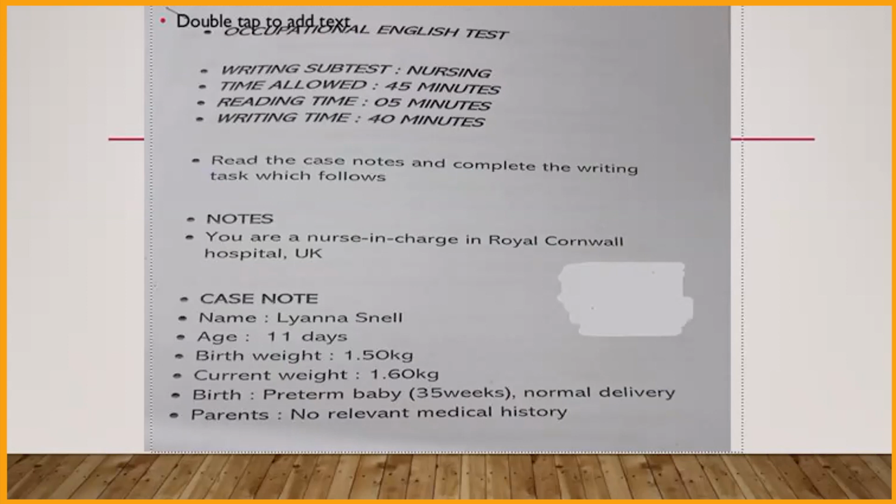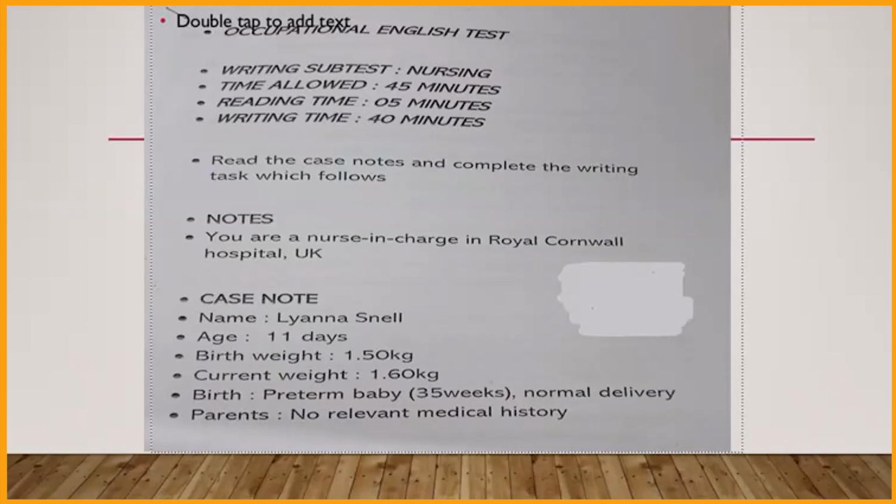Okay, so you are a nurse in charge in the Royal Cornwall Hospital. Here the title is important. All nurses are registered nurses, but if this title is given, you can copy that also. So you can write the title nurse in charge. And the name of the patient is Liana Snell, and she's a baby.